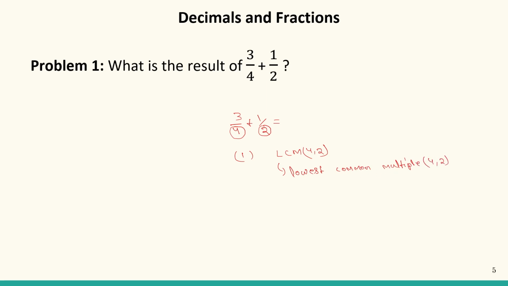First, we need to find the multiples of 4 and 2. Multiples of 4 are 4 into 1, 4 into 2, 4 into 3, 4 into 4, and so on. And multiples of 2 are 2 into 1, 2 into 2, 2 into 3, 2 into 4, and so on. The first is equal to 4, 8, 12, 16, and so on.